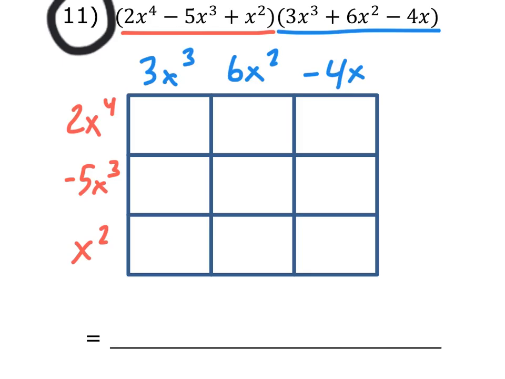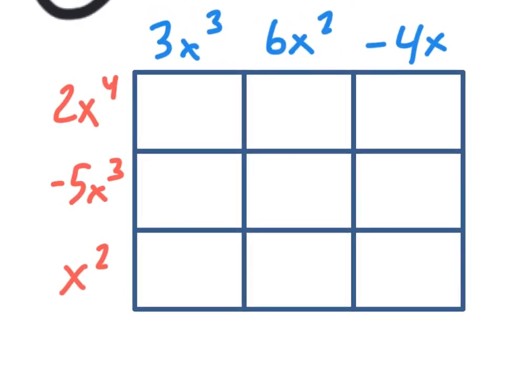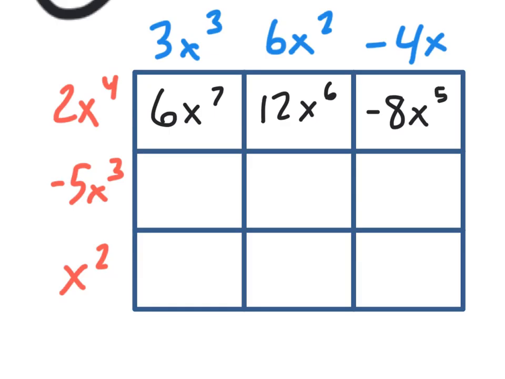Alright, here we go. 2x to the 4th times 3x cubed is 6x to the 7th. 2x to the 4th times 6x squared is 12x to the 6th. And 2x to the 4th times negative 4x is negative 8x to the 5th.